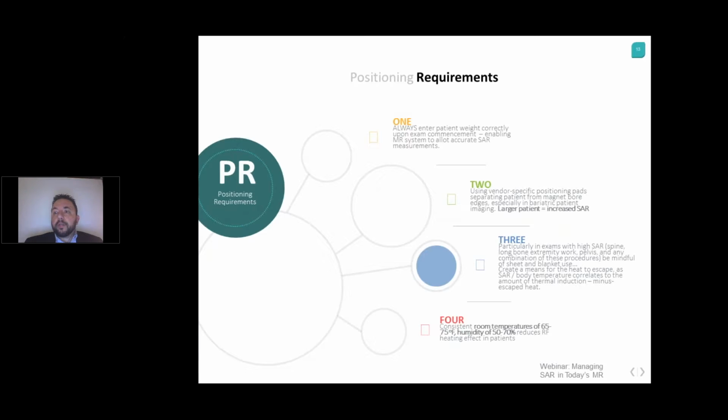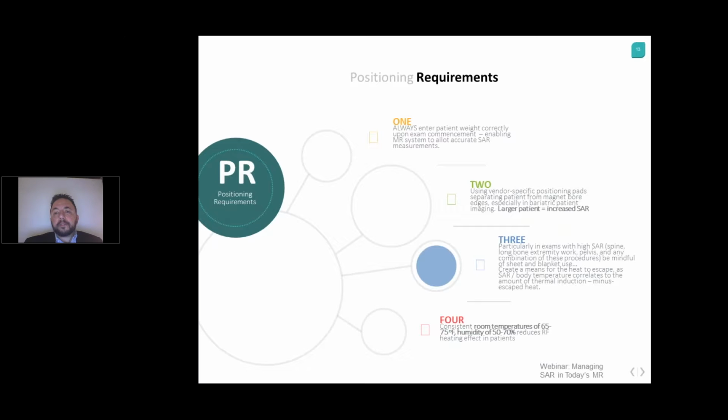Cancer patient with a lumbar and thigh exam, very problematic at the onset due to the amount of procedures that will generate increased SAR. So be mindful of sheet and blanket use. In our facility in particular, we have a blanket warmer. It's great for patient satisfaction, but for those patients that are very cold, the utilization of a blanket warmer can lead to the potential for danger in SAR absorption.